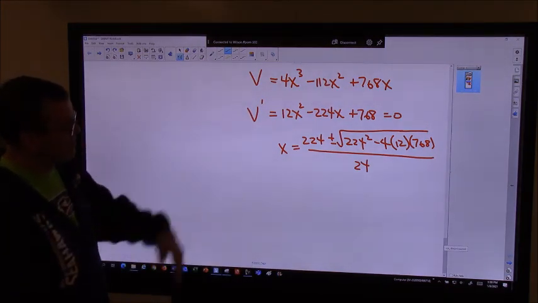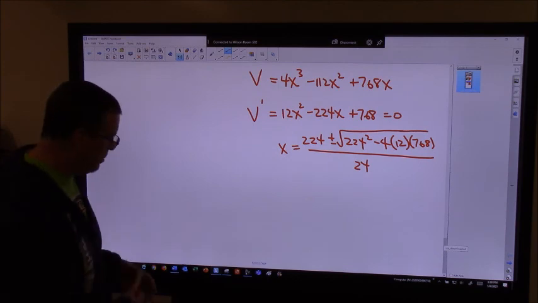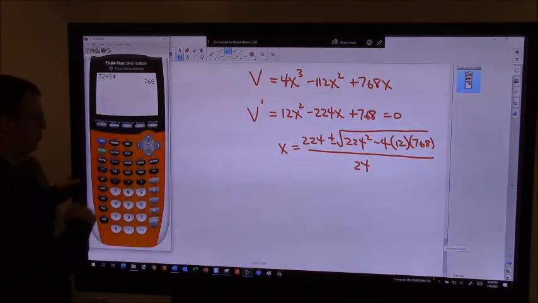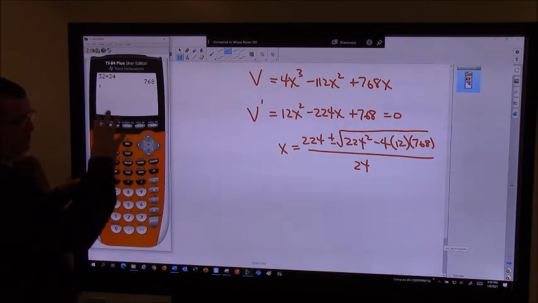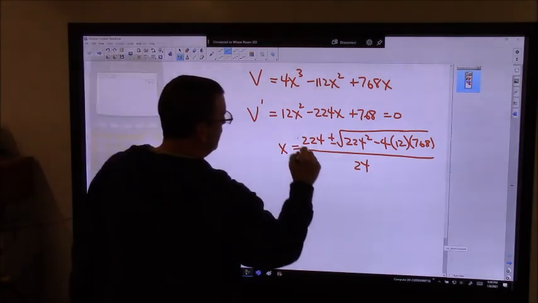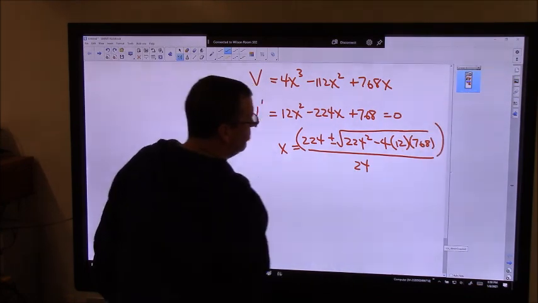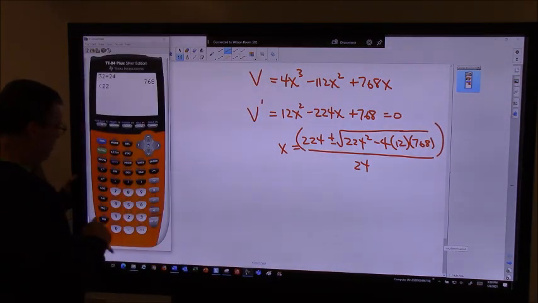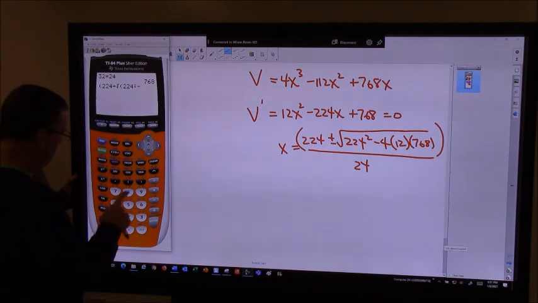And so yeah, there's a lot of stuff going on there. I'm just going to let the calculator do it for me. So I've got my numerator, which I'm going to put in parentheses. And I've got 224 plus the square root of 224 squared minus 4 times 12, that's 48, times 768.